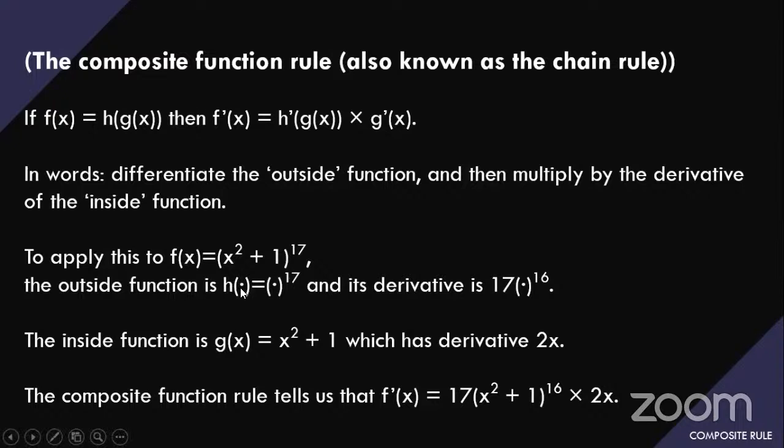I want to treat only the outside function, which is this bracket all over 17.